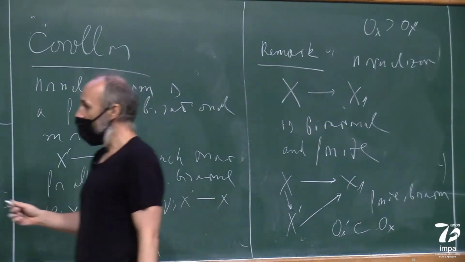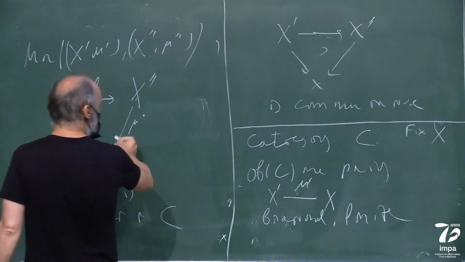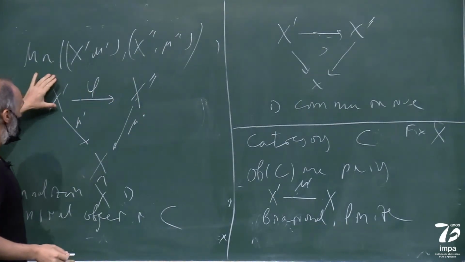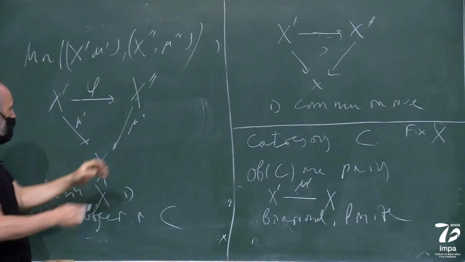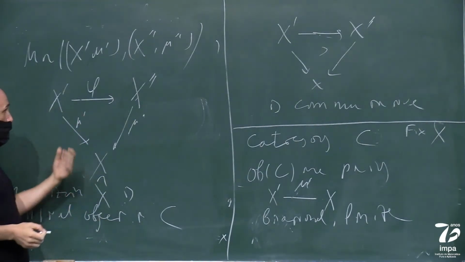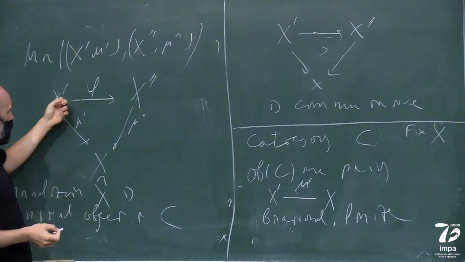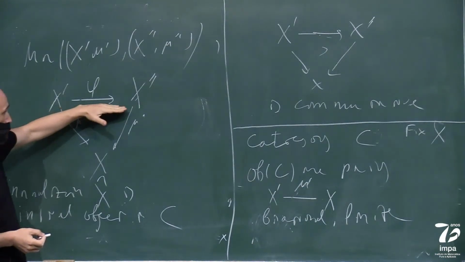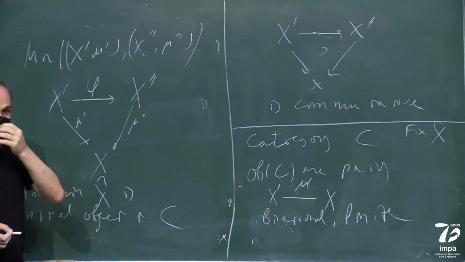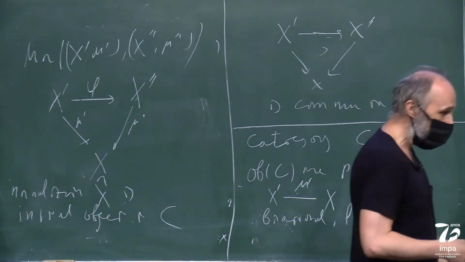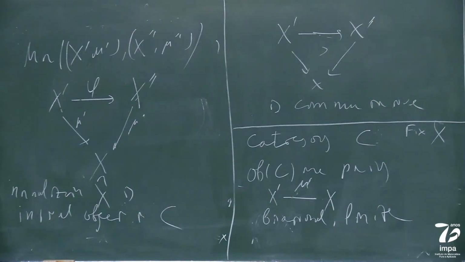If you have any map of this type, where x prime is your normalization and x double prime is something, you always have this phi, which is unique. And this implies that normalization is the initial object in that category. In particular, it's uniquely defined using this categorical notion. Am I clear? Clear?